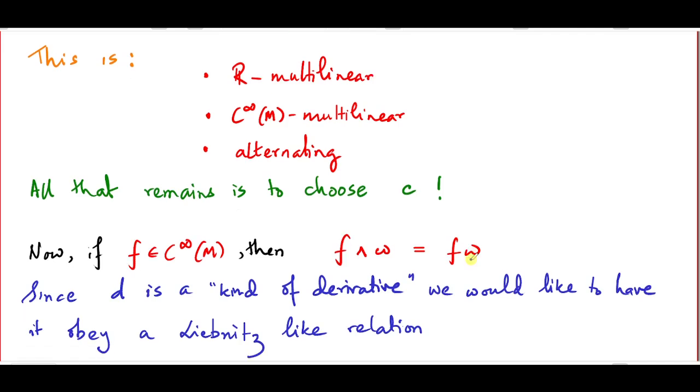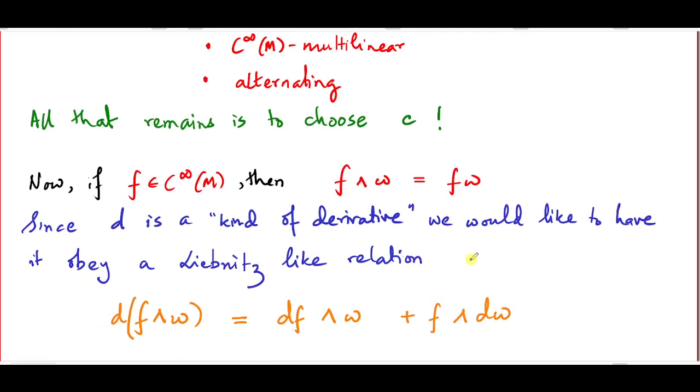And since d is a kind of derivative, after all we have been calling it an exterior derivative, we would like it to obey a Leibniz relation. We are calling this Leibniz-like because in the general situation, as we have seen earlier already, our definition cannot really be exactly Leibniz. But at least for a function and a k-form, this is exactly Leibniz.